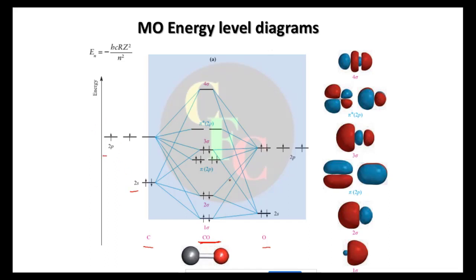On the left and right hand side, we have the individual atomic orbitals. The energies of oxygen atomic orbitals are much lower than those of carbon. Why is it so? Because of the formula we have just seen. And you see there is some mixing also. With all this mixing considered, this is the actual energy ordering.